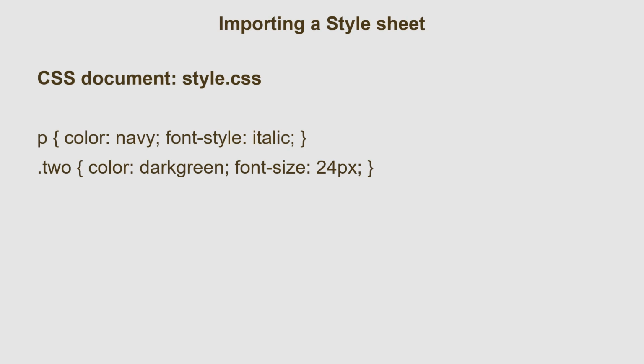We have set the p tag color and font style, and we have used the class .two. If we simply use the p tag, the first formatting will be applied, and if we use class two, then the color dark green and font size 24 will be applied.